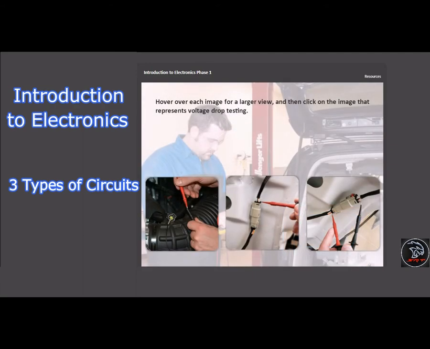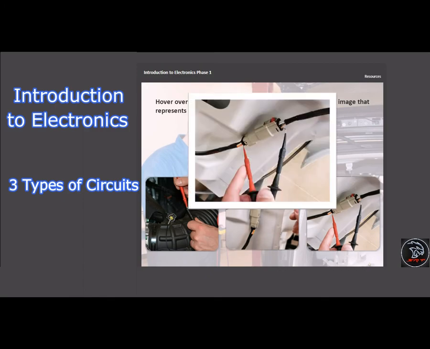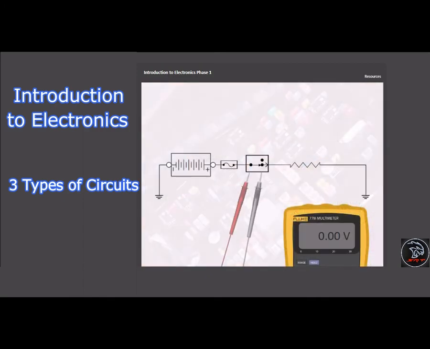Hover over each image for a larger view, and then click on the image that represents voltage drop testing. Correct. A voltage drop test measures the difference in voltage across a component or a portion of a circuit.